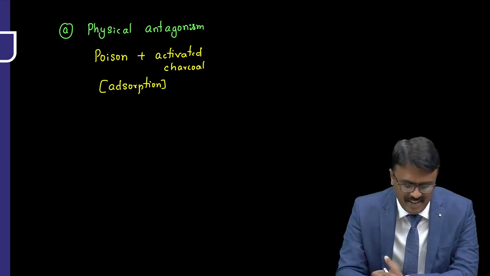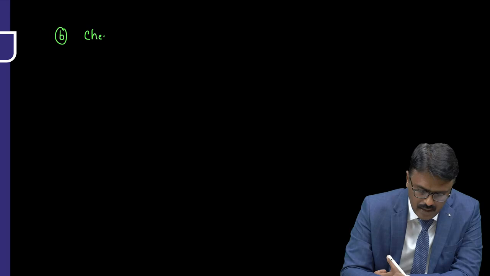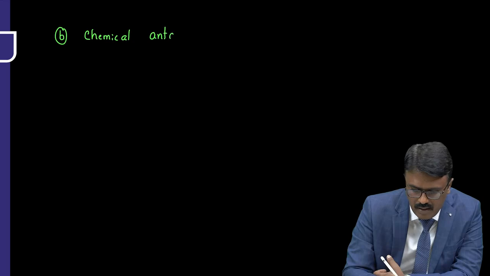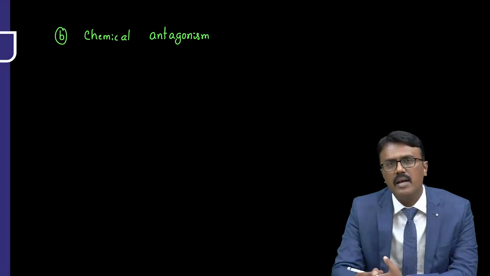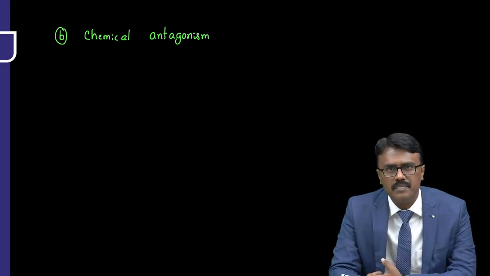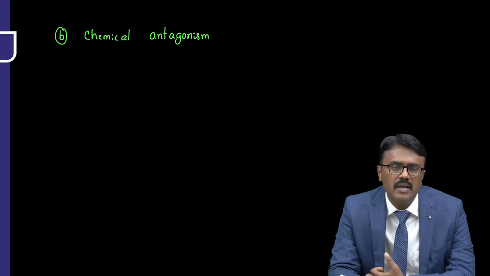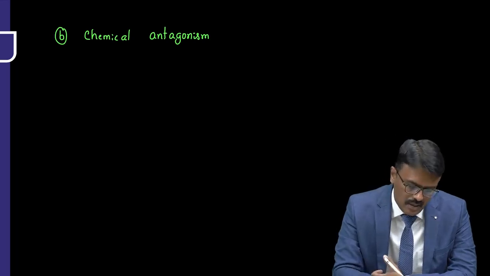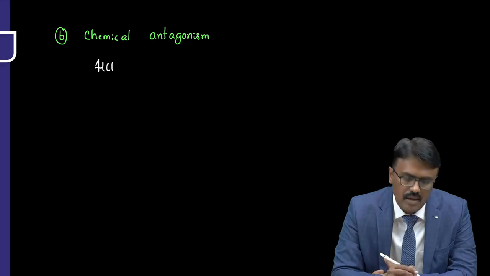Clear? Moving on to the next antagonism, it is called chemical antagonism. What do you mean by chemical antagonism? There should be some chemical reaction that blocks the action of the drug. Let me take a physiological example, HCl.